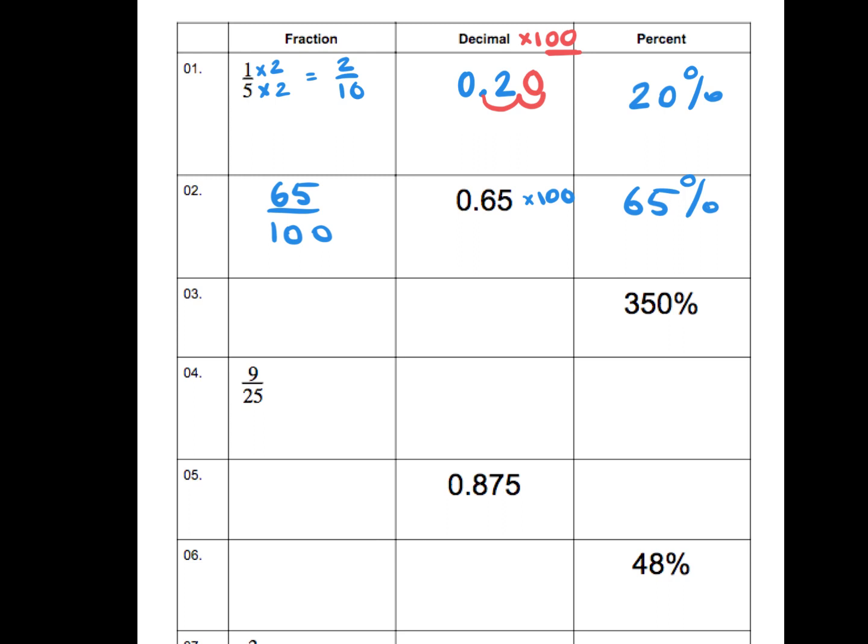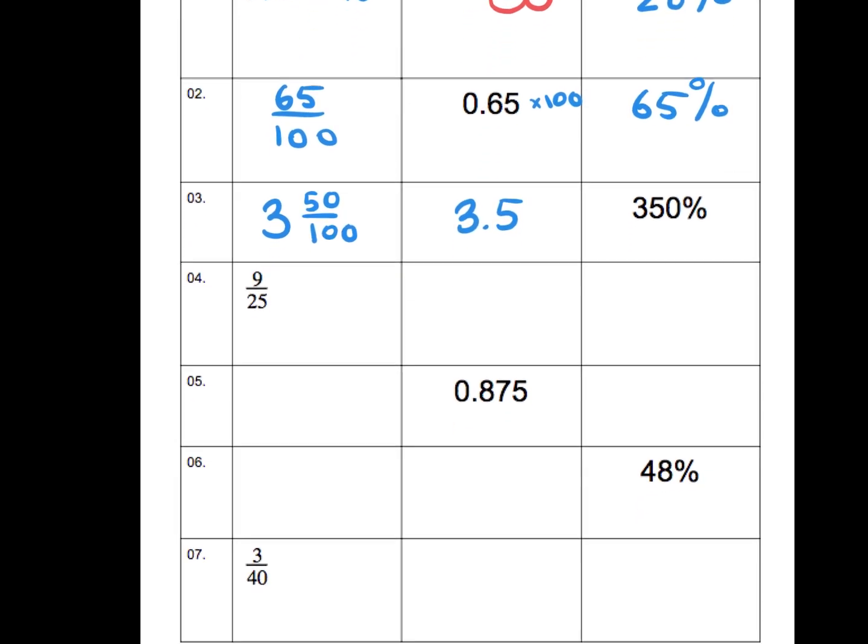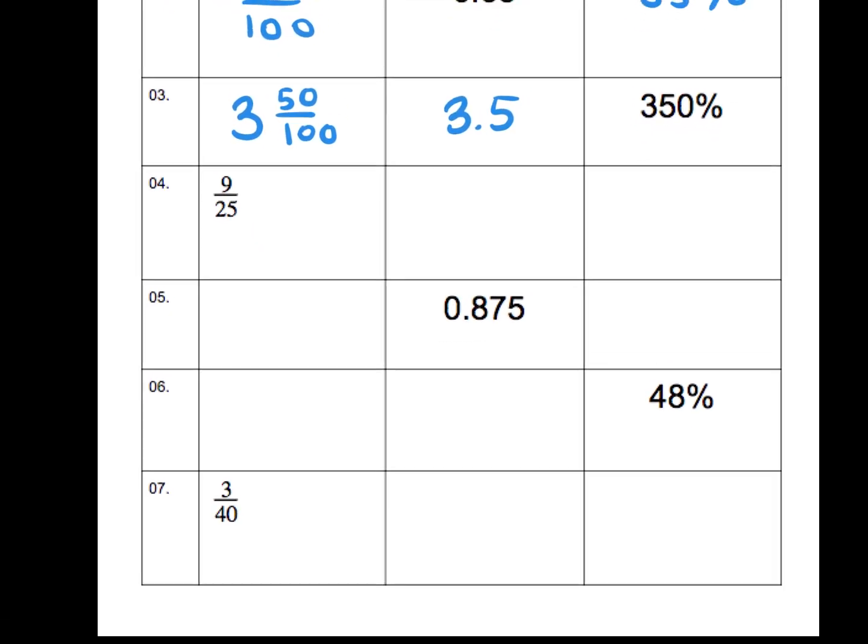My fraction would be 3 wholes and 50 over 100, right? Or you could have written it as improper, 350 over 100. This will make it easier. And so my decimal would be 3.5. Right? This time we're not simplifying our fractions here, but you will simplify in this unit.